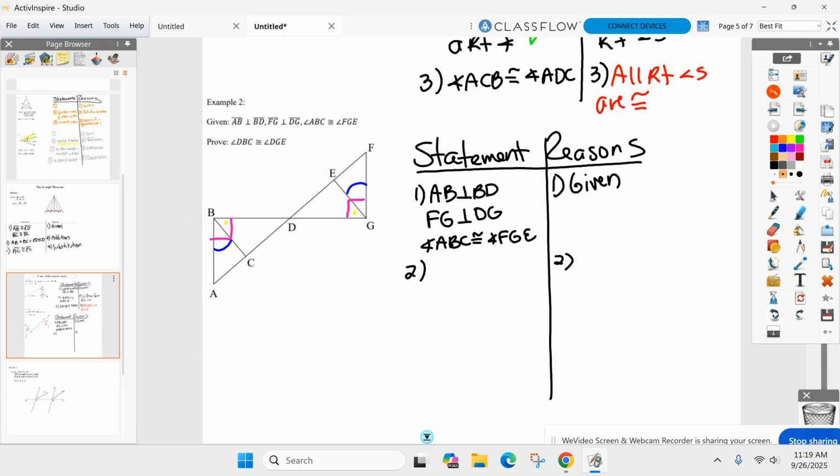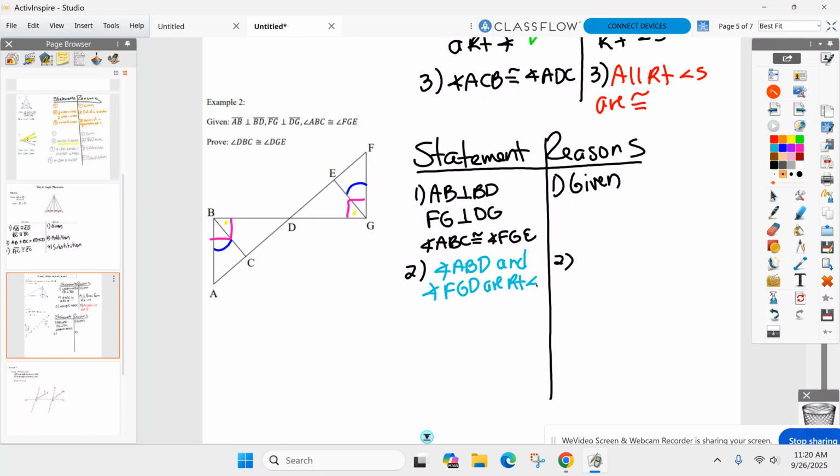Why are they congruent? Because they're what? The right angle. Oh, you're telling me that it's on your diagram, but where is it not? In the statements. So you need to tell me angle ABD and angle FGD are right angles.